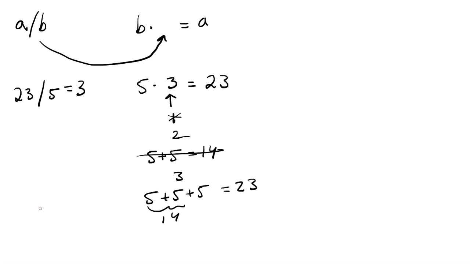So this is how you do divisions. You have to test and try backwards with multiplication. This is a bit tedious, but for small numbers, this is the way to go. After a while, of course, if you have come across this many times, you remember that 23 divided by 5 is 3 in base 6.